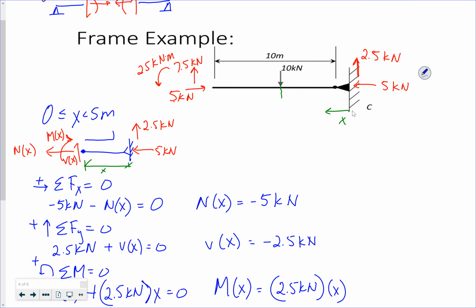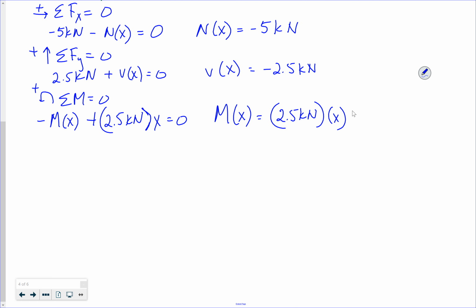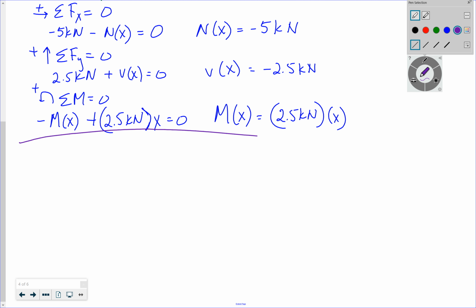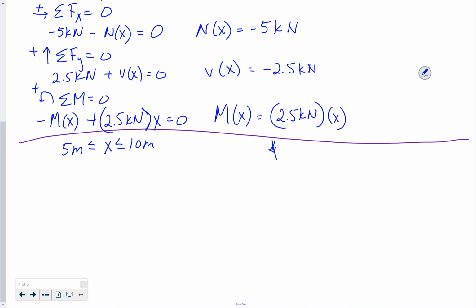Now I'm going to look at my second section from my concentrated load to the joint, right? Here I have my pin, my beam.